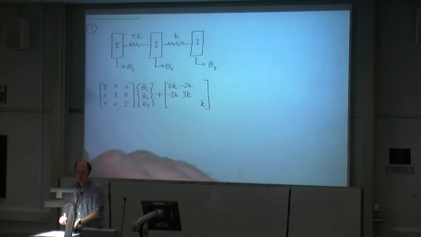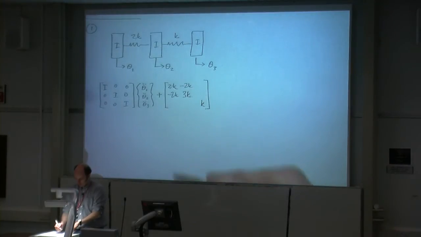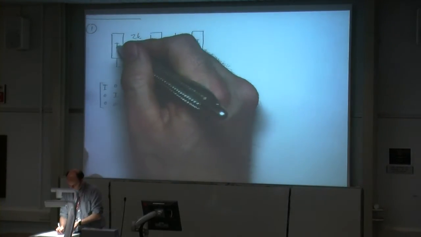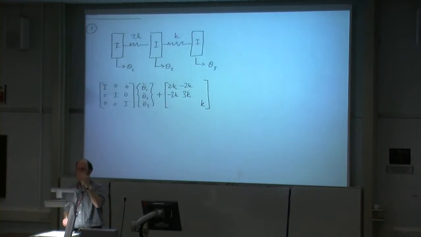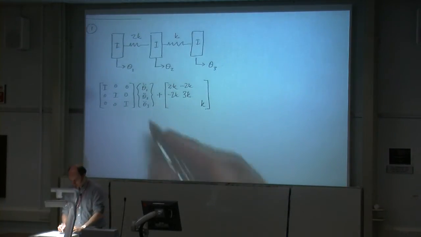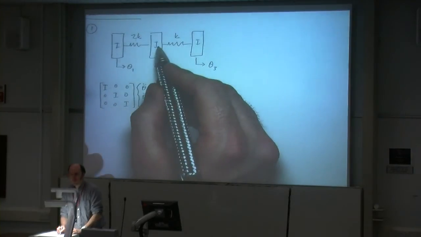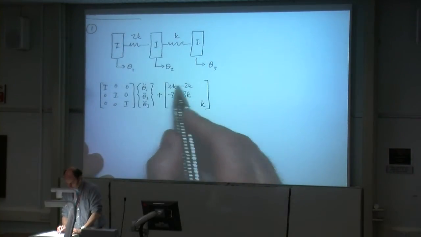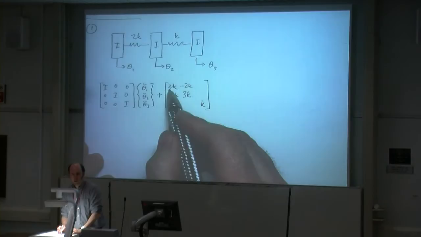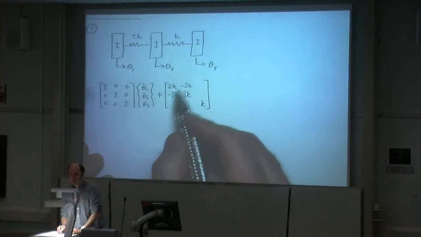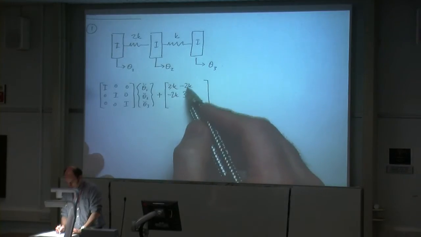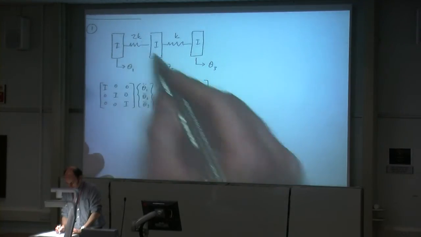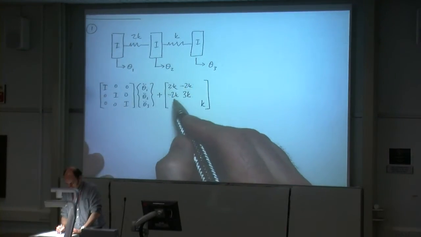For the off diagonals, you take the springs connecting each mass to another mass, and it's minus the sum of those springs. Between mass 1 and mass 2, the same spring connects mass 2 to mass 1, so minus 2K there and there.